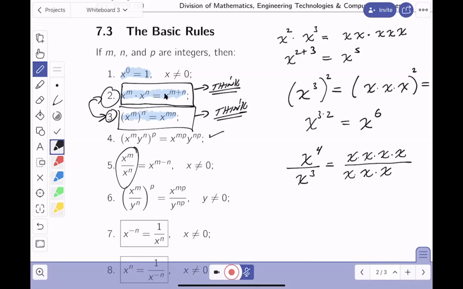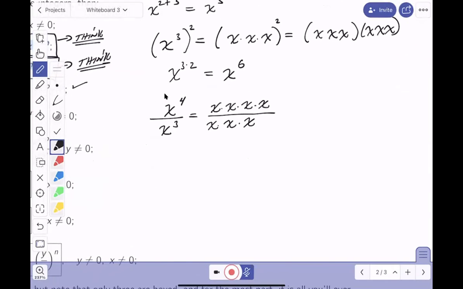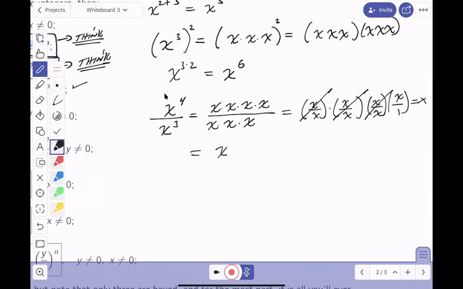Well, I'm going to do some cancellations over here. It's like saying x over x, x over x, x over x, then I got this last guy over here, which is x over 1. Let's just reduce to 1, 1, 1. You're left with x. Now I could have done that by using a rule, and I'm not saying you couldn't have.